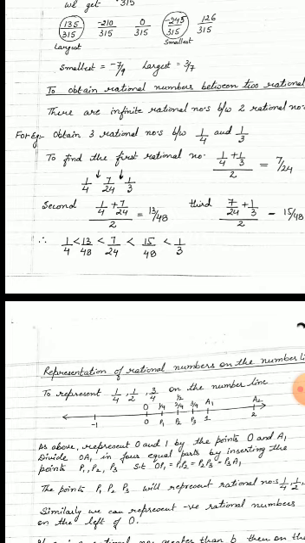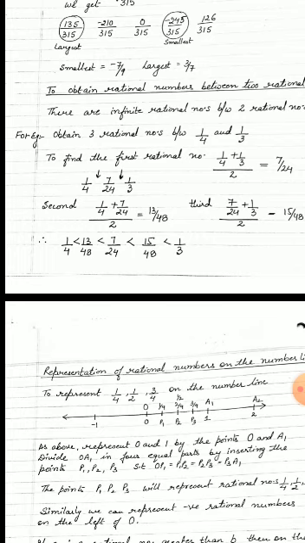Now to find the second and the third one, I have put up the arrows in between. That is, I will be inserting the rational number between 1 by 4 and 7 upon 24. The third one between 7 upon 24 and 1 upon 3. So we again use the same concept, add the two, divide them by 2. 1 upon 4 plus 7 upon 24 divided by 2, we get 13 by 48.